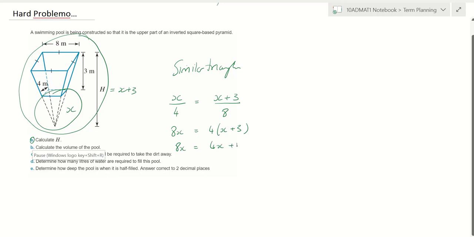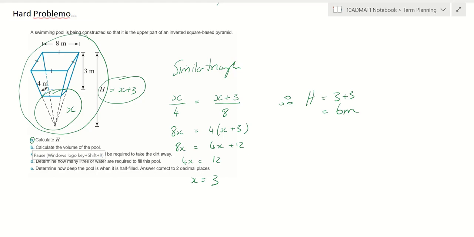Expand the brackets, and then rearrange to get x is equal to 3. Now that's what x is, but we know that h is x plus 3. So we know then that h, or the total height, must be 6 meters.